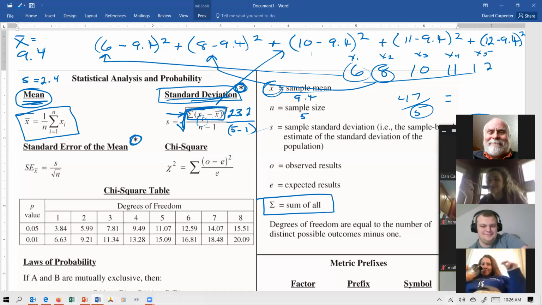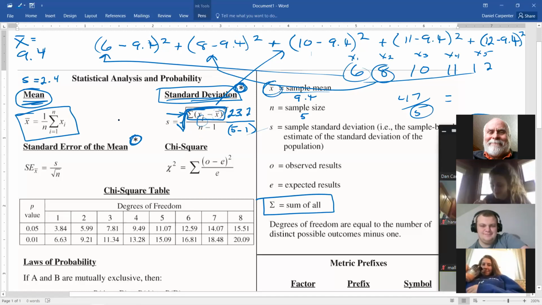So standard deviation is basically the average away from average. Now, that's a little bit oversimplified, but it gives you a good idea of what the concept is talking about.